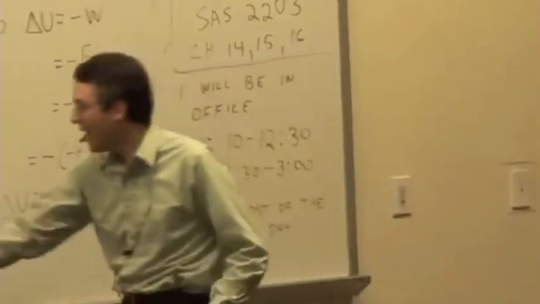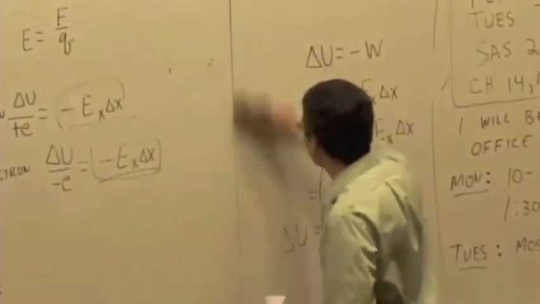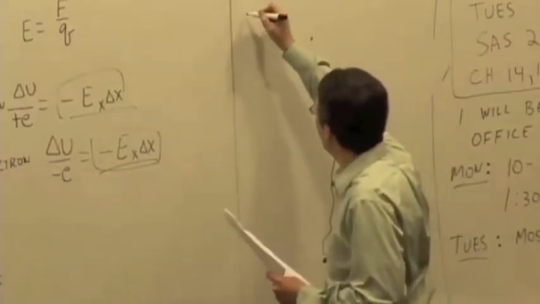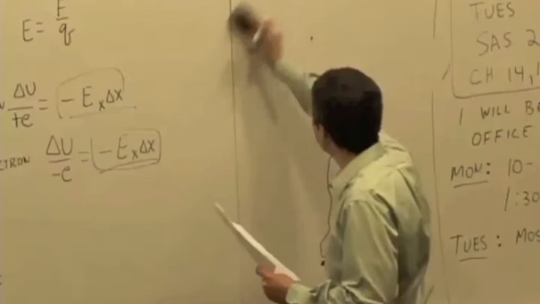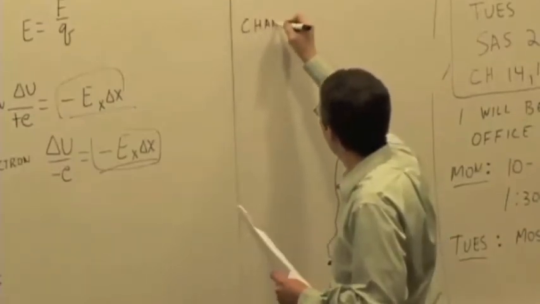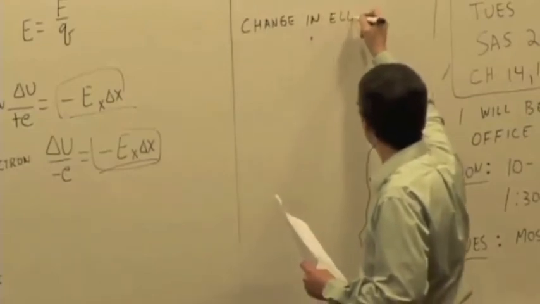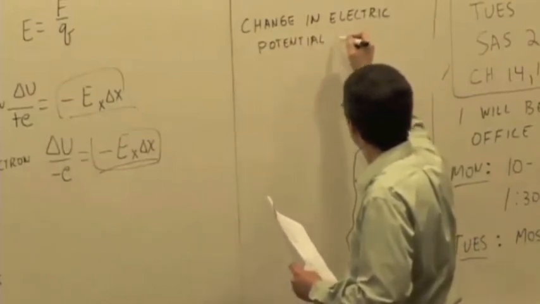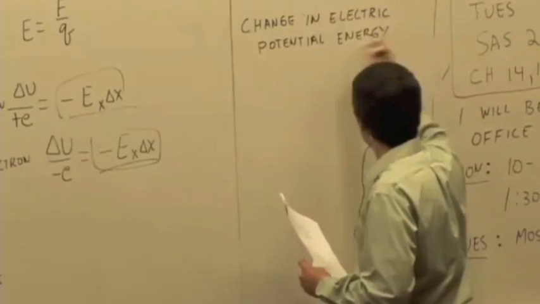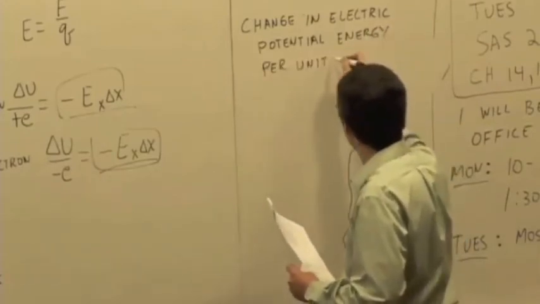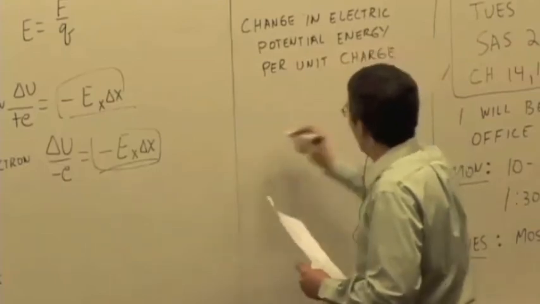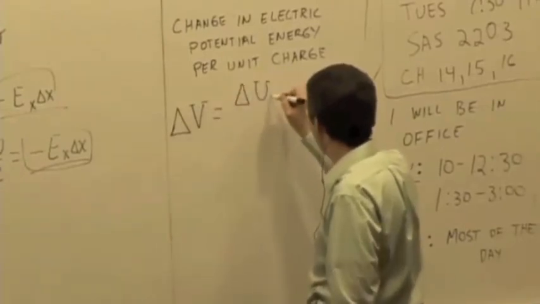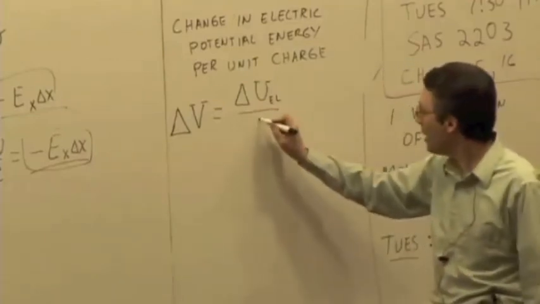And so this thing has a special name. We want to then define a quantity, the change in electric potential energy per unit charge, and give it the symbol V. So it's a change in capital V, and that's equal to a change in capital U, electric potential energy, U electric, divided by the charge.